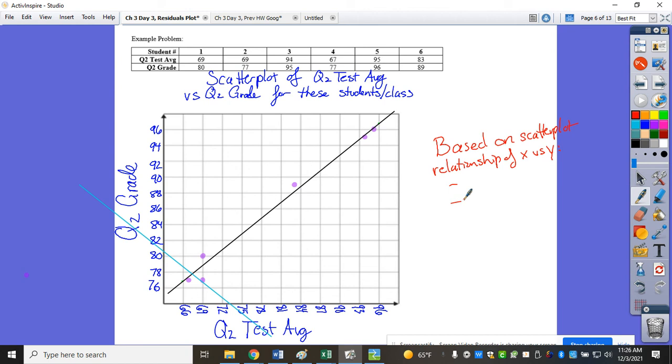So just based off of this scatter plot, what does this tell me about the relationship? It's probably strong. I can't definitely tell the strength by that, so I'm not going to write it, even though we can tell it's pretty strong. What else? And positive.